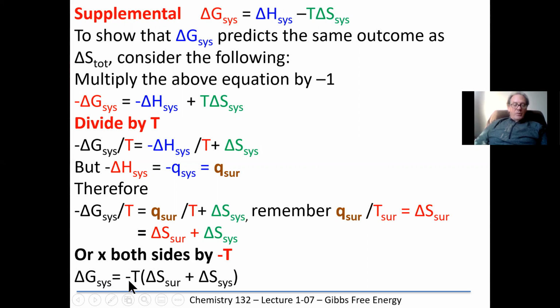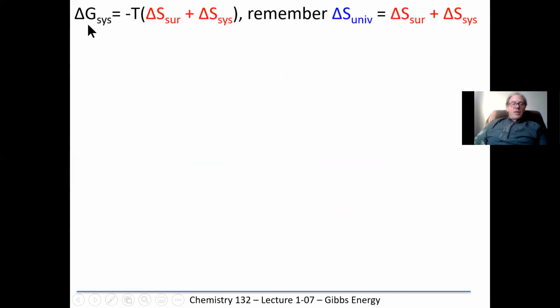Delta G system equals minus T, delta S surroundings plus delta S system. There's the relationship. And remember, the delta S of the universe is delta S surroundings plus delta S system, which is delta S total.